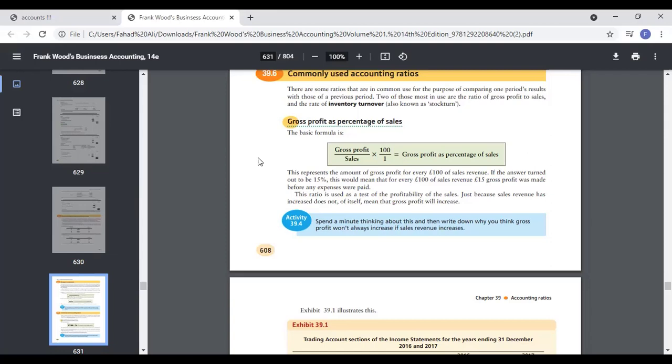So we try our level best that our gross profit should be higher. If a company's gross profit is decreasing, let's suppose last year it got 25% and this year it got 20%, what is happening? Our gross profit margin is deteriorating, worsening.